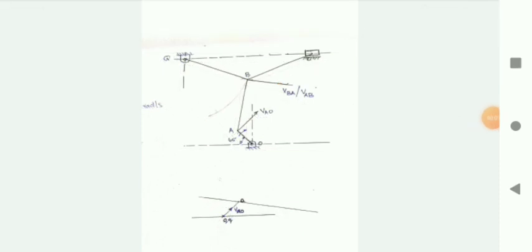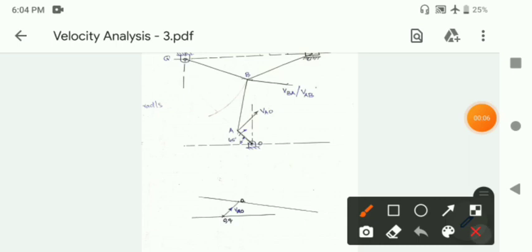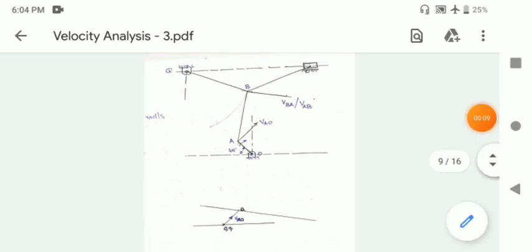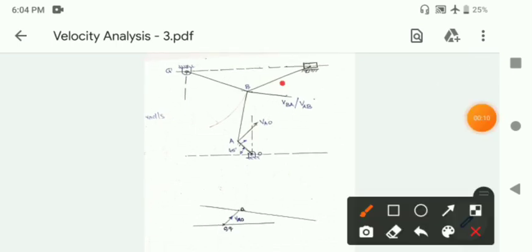Next we will move to the next link. The next link is link BC, that is this link. Before that, we know that you have a slider at C, and the slider will have a reciprocatory motion along the x-axis, that is, the slider can move along positive x and negative x.